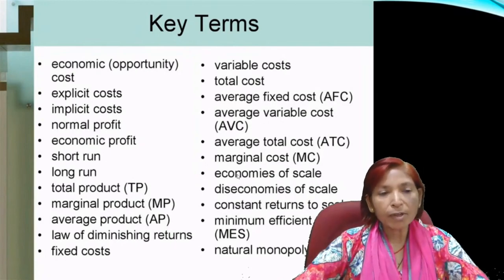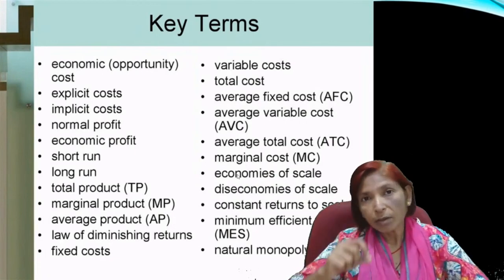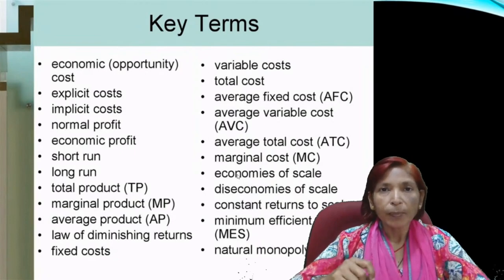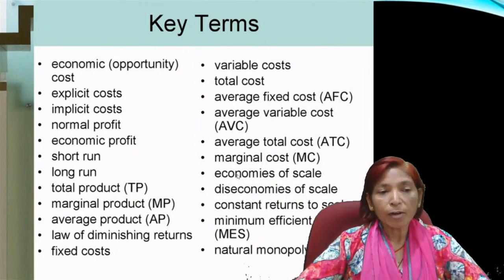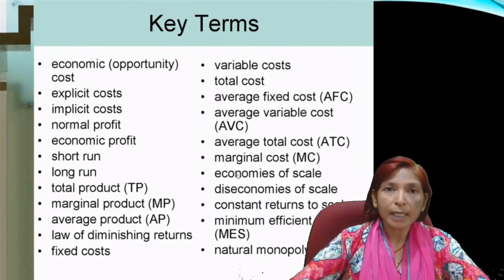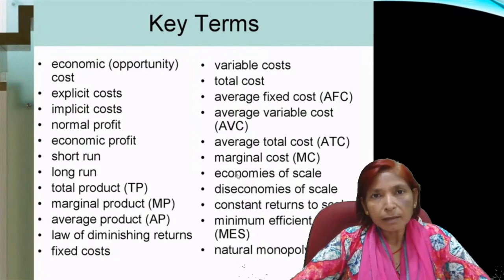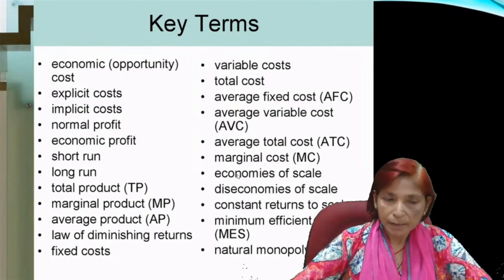And economic profit is that profit in which we include direct cost and indirect cost both, and economic profit is that profit in which the producer gets the minimum amount of profit which is required for the survival of business enterprises.